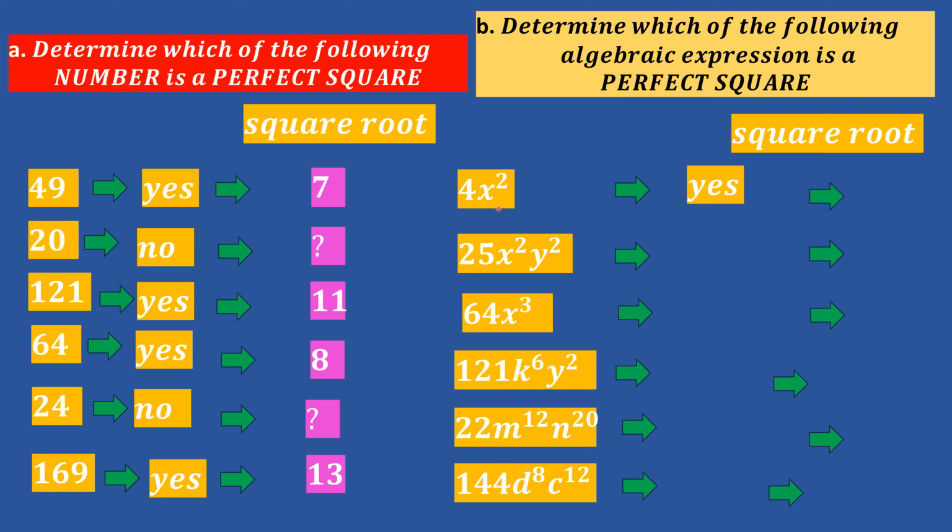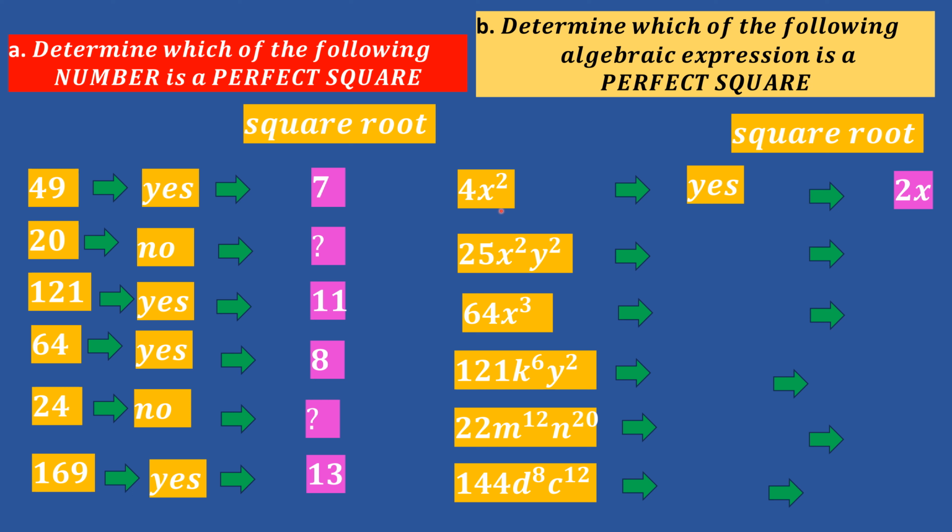And then x squared as a literal factor is said to be a perfect square if the exponent is exactly divisible by 2. And since x squared is divisible by 2, its square root is x. So for 4x squared, its square root is 2x, because 2x times 2x will give us 4x squared.